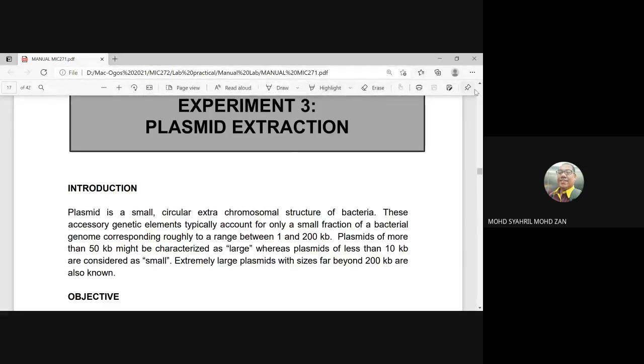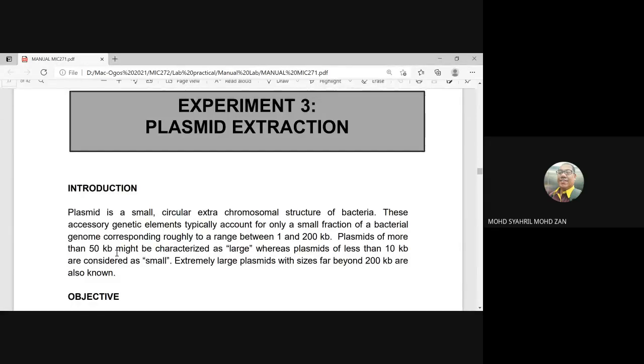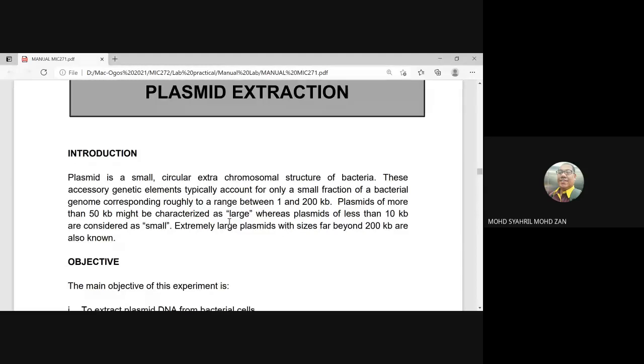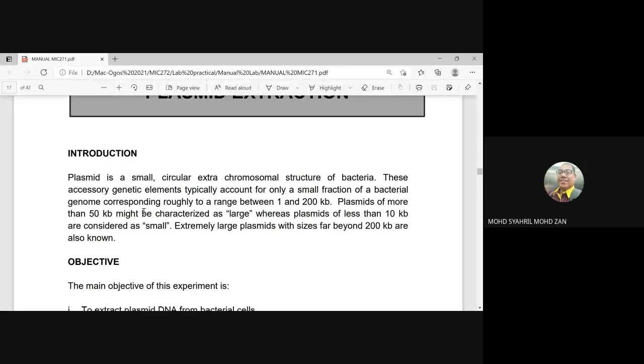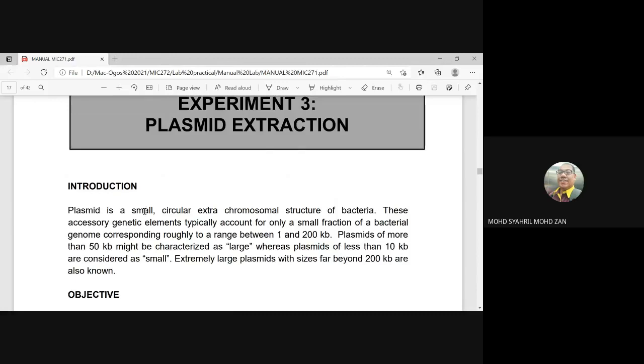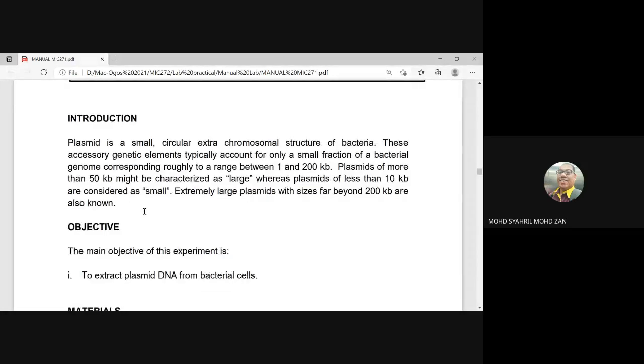A plasmid of more than 15 kilo base pair might be characterized as large, whereas a plasmid of less than 10 kilo base pair is considered small. Extremely large plasmids with sizes far beyond 200 kilo base pair are also known. Plasmid is one of the vectors used for the process of cloning.